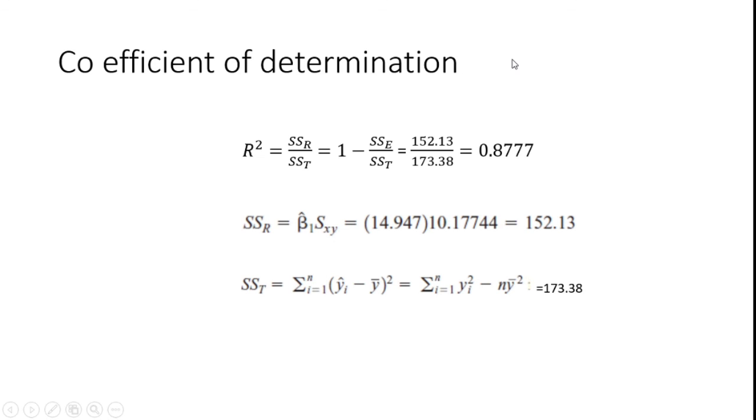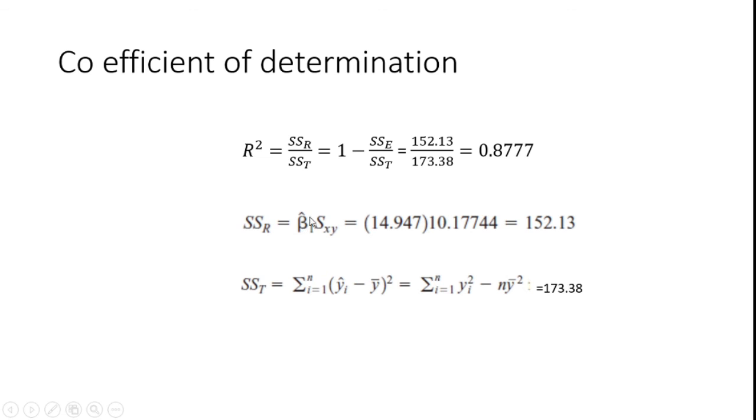Here, the coefficient of determination. Every empirical model contains an R squared value, which means the curve fitting value. How do I identify this curve fit value? R squared is equal to SSR by SST. For that reason, I go on to identify the SSR value. For identifying SSR, we utilize beta 1 into Sxy.